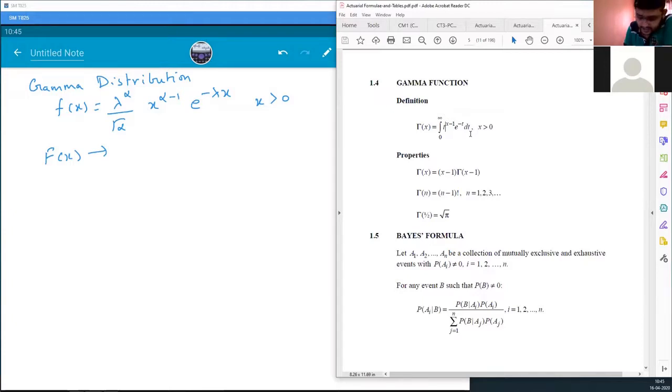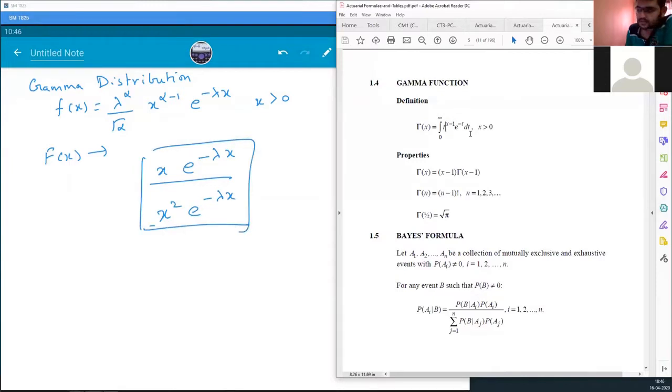If alpha is 2, I'll get x into e raised to minus lambda x, which we can solve. If it is 3, x square e raised to minus lambda x, we can solve. We solved these two things just now in the exponential distribution to find expected value and variance. If alpha is 4, I'll get x raised to 3, e raised to minus lambda x, and so on.